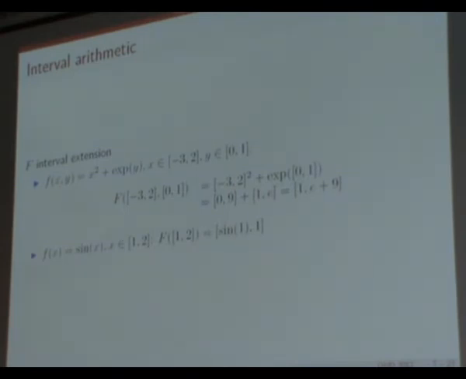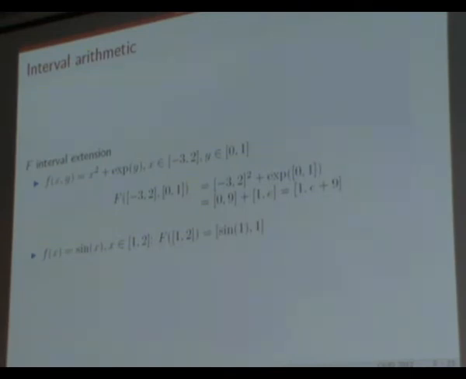Here are a few examples of interval arithmetic. The computation of the square function is rather straightforward. So minus 3, 2 square is 0, 9. For monotonic functions, it's pretty much straightforward. And for trigonometric functions, one has to study monotonicity.